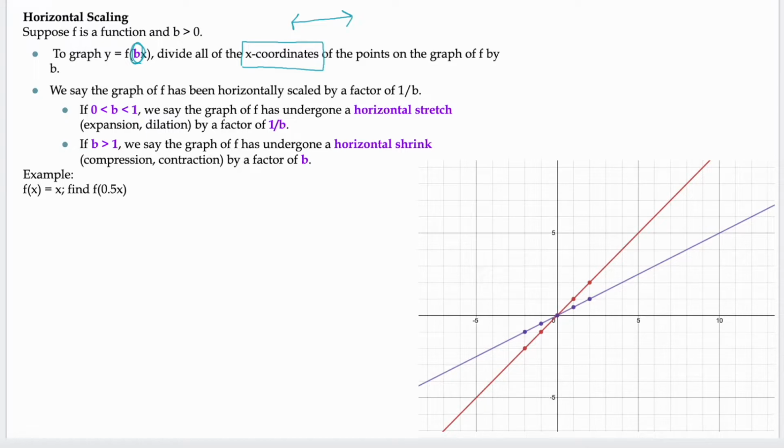If the value inside the function is a fraction, so it's less than 1 but greater than 0, we are going to horizontally stretch by a factor of 1 over b. So again, we're going to multiply those x coordinates by 1 over whatever that value is. However, if b is greater than 1, that means we're going to horizontally shrink, and we're going to multiply those x coordinates by whatever b is.